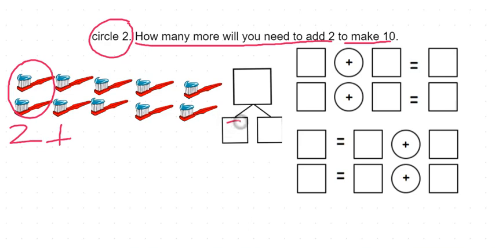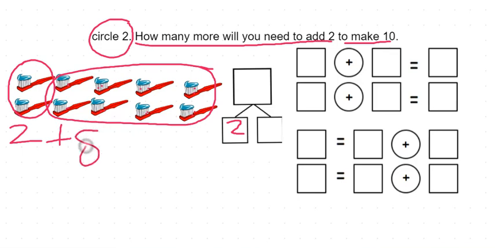So I know that we needed 2, and 2 needs what? 3, 4, 5, 6, 7, 8, 9, 10. So 2 needs 1, 2, 3, 4, 5, 6, 7, 8. 2 actually needs how many more? 8 more, because 2 and 8 makes 10. 2 plus 8 is 10.